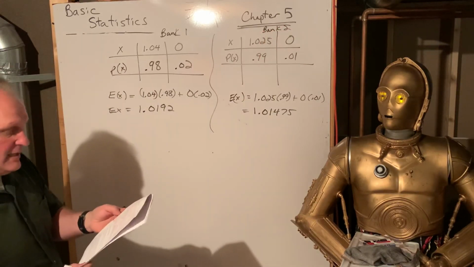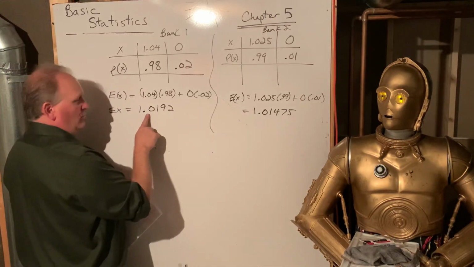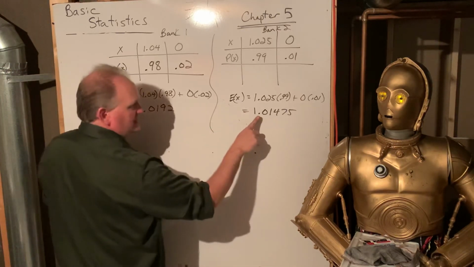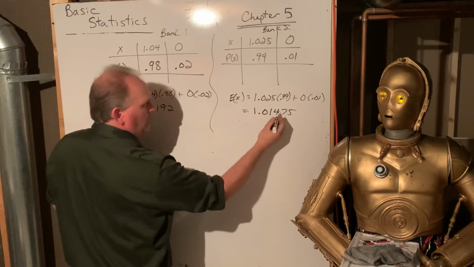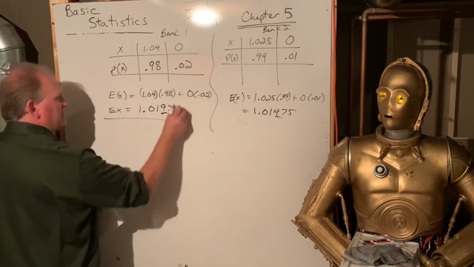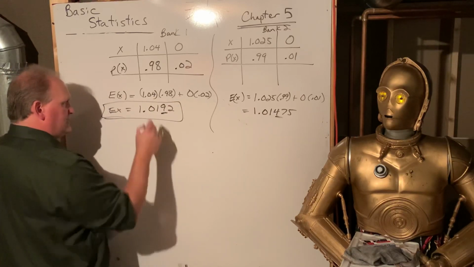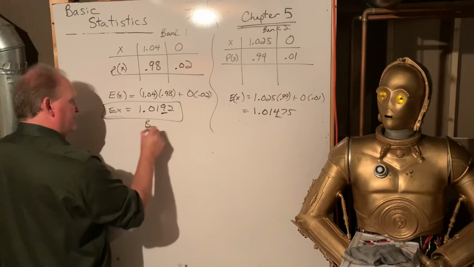The first bank is better. Because look, it's 1.019 and this is 1.014. So this one actually has a slightly higher expected value, and so that's the one that we would go with.